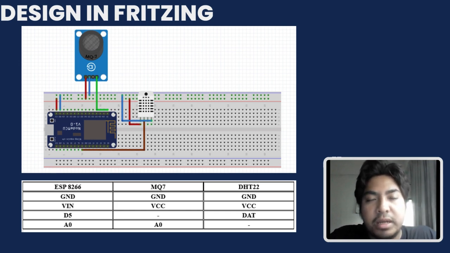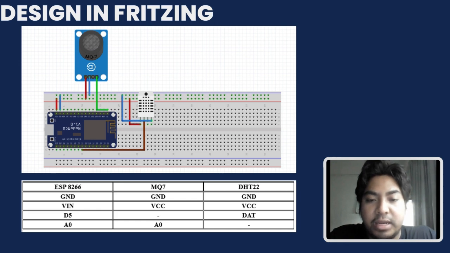It is specifically very good for the DHT22 and the MQ7, where the manufacturer said that 5 volts of power gives the most optimum reading. So the VIN of the ESP8266 is connected to the MQ7 VCC and DHT22 VCC.